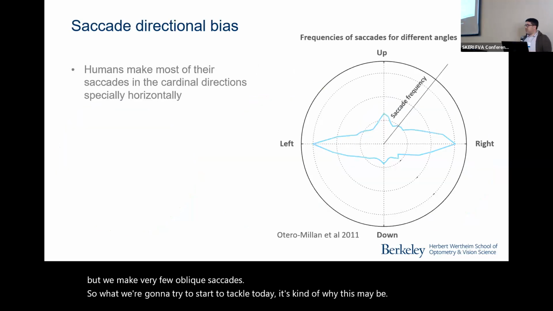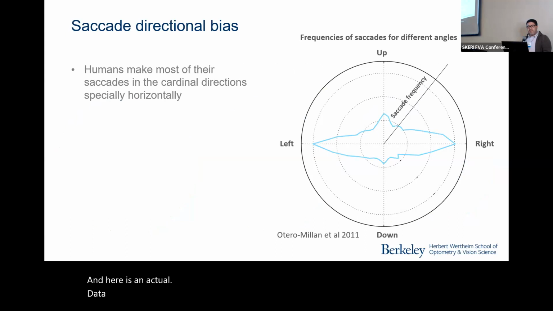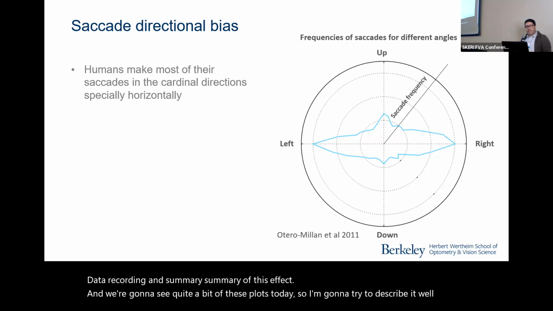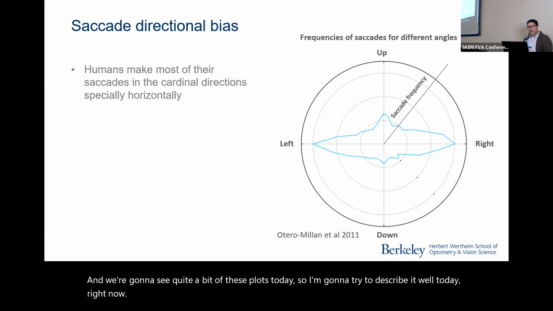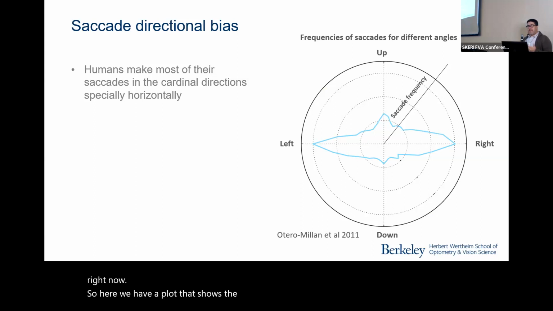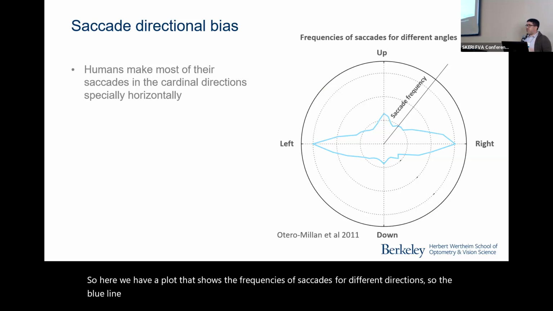And here is an actual data recording and summary of this effect. And we're gonna see quite a bit of these plots today, so I'm gonna try to describe it well right now. So here we have a plot that shows the frequencies of saccades for different directions. So the blue line shows for each direction how many saccades or what was the probability of a saccade in a given direction.